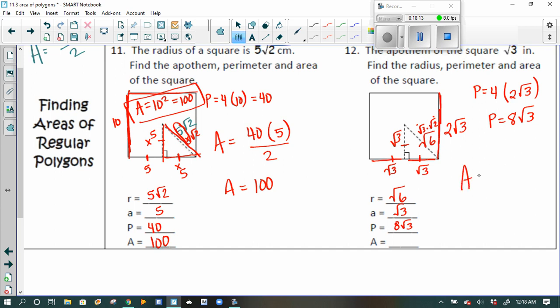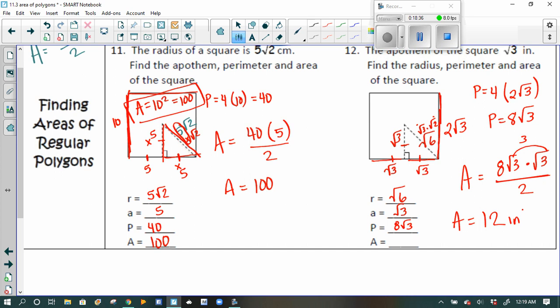So the area is perimeter times the apothem divided by 2. So remember, the square root of 3 times the square root of 3 is just 3. So 8 times 3 is 24. 24 divided by 2 is 12.